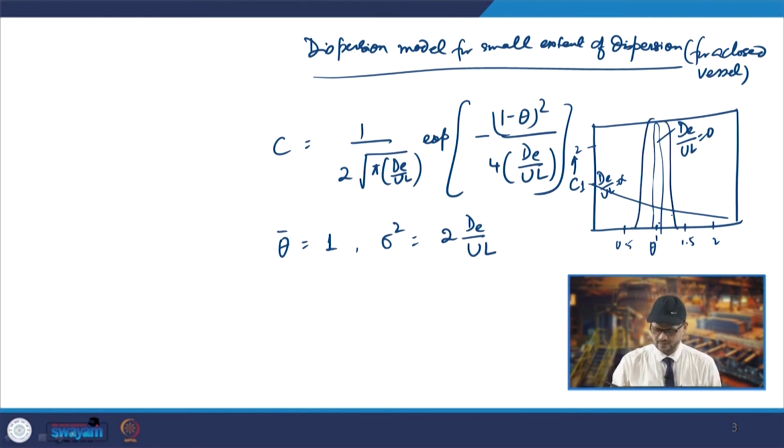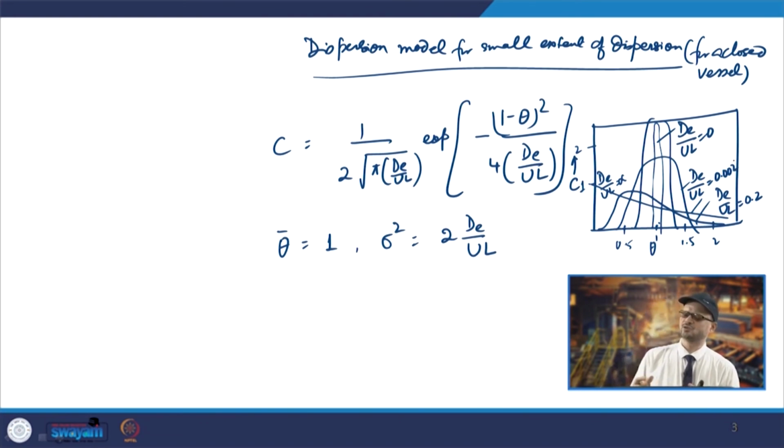This curve corresponds to d by ul equal to 0.2, and another curve will be d by ul of 0.002 or so.